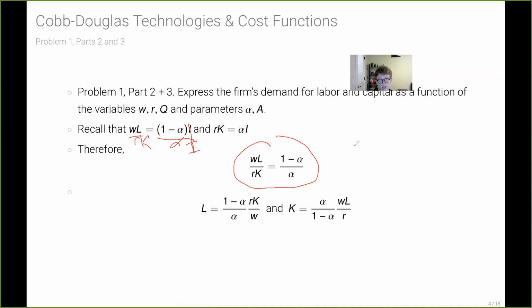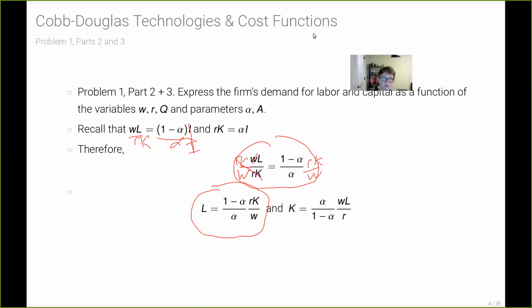Now what I can do is multiply this equation by RK up here, so these RKs cancel out. I can divide by W on both sides, and so what I'm left with is this expression right here.